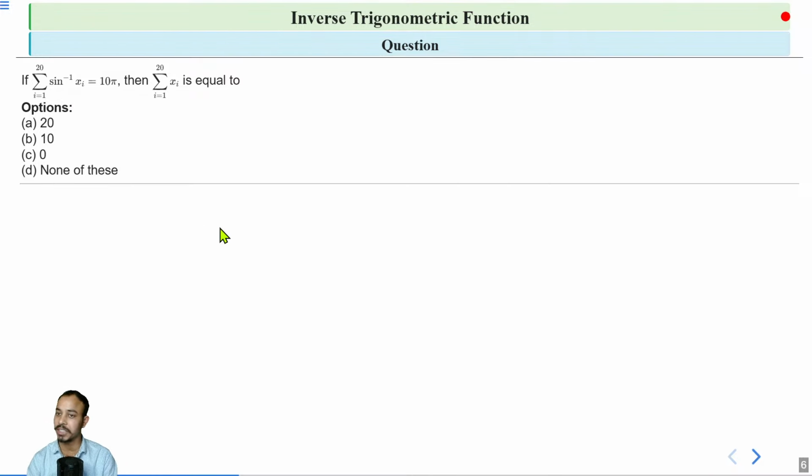First of all, write your answer in the chat section. Everyone try it yourself and write your answer. Very simple question, you can do it.